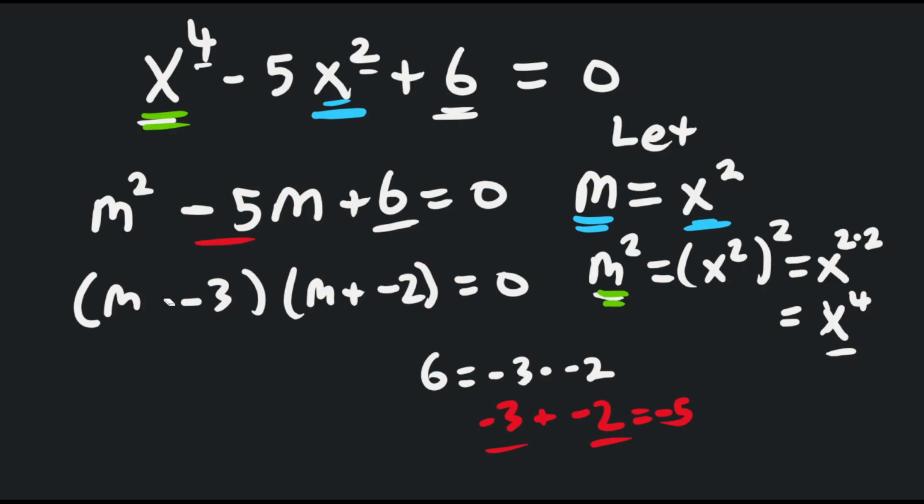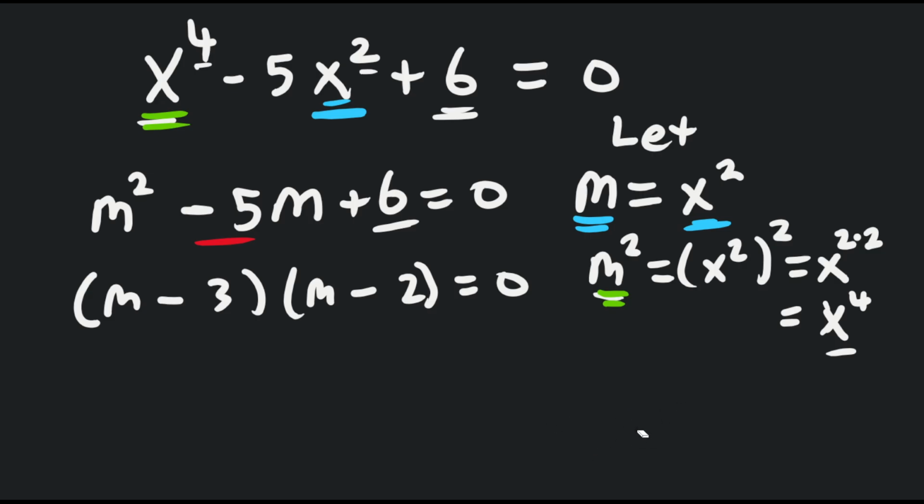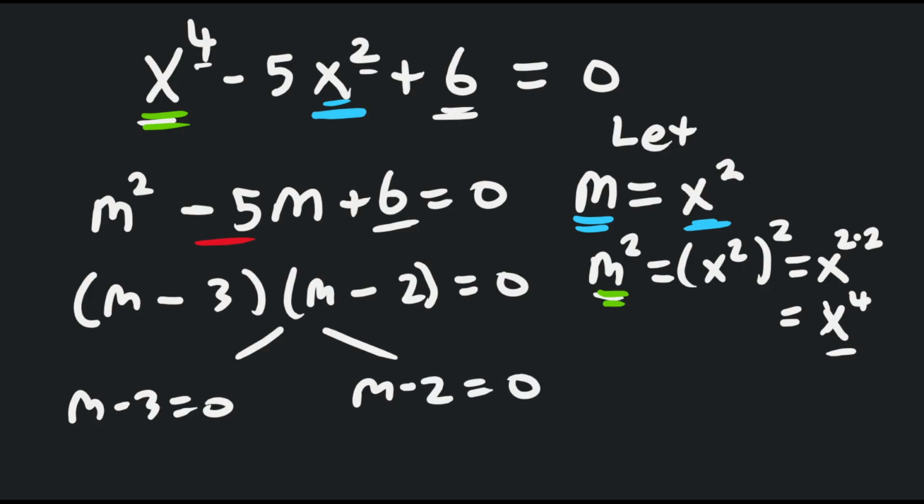In other words, m minus 3 and m minus 2 equals 0. Perfect. And let's go ahead and solve this. So we can split this up into m minus 3 equals 0 and m minus 2 equals 0. And let's solve for m.